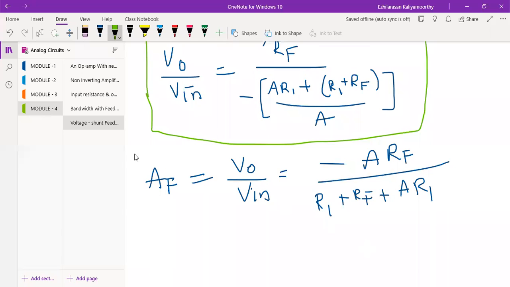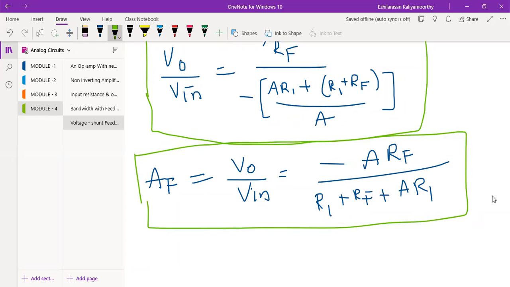So this is the complete expression for the feedback gain. This is expression number 5. This is for the exact gain.